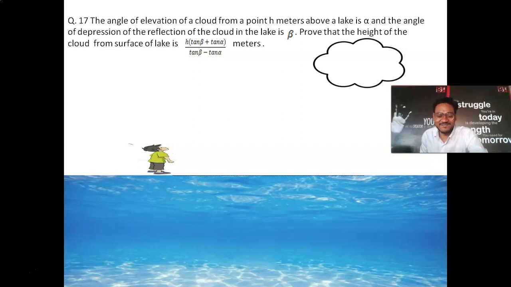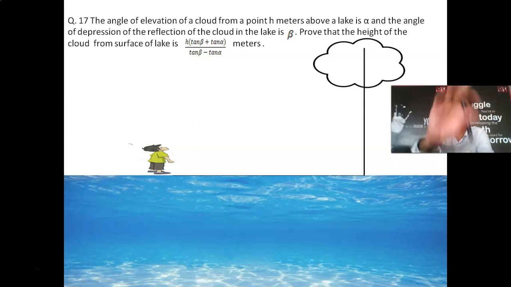See, now in the question it is given the angle of elevation of cloud from a point h meters above the lake. See, this height denotes the height of cloud from the surface of lake, and in the end we have to prove this height as this expression.